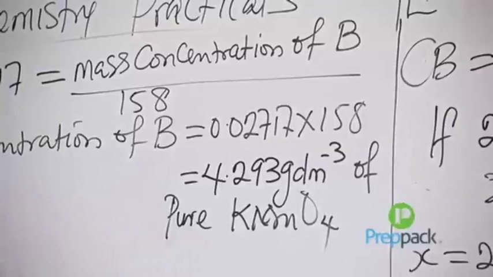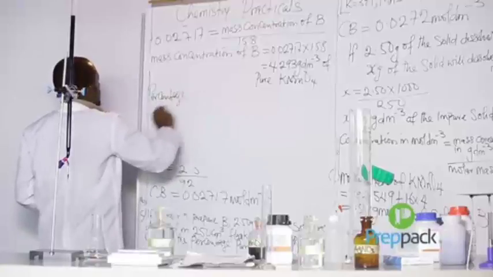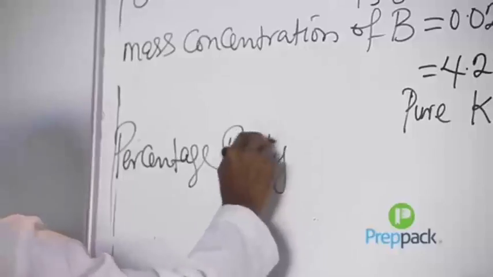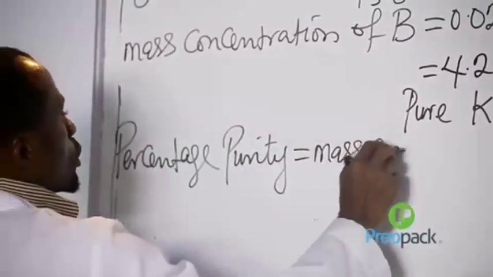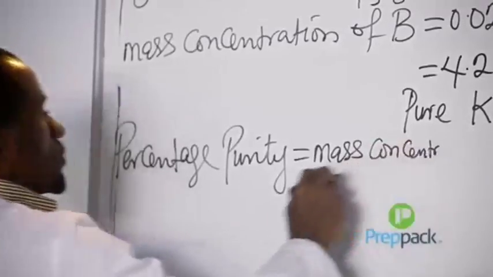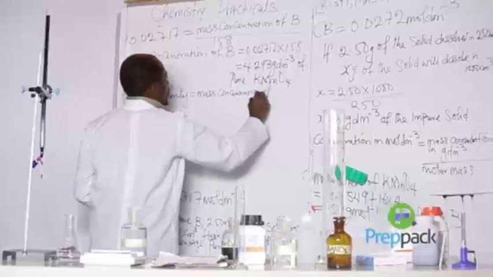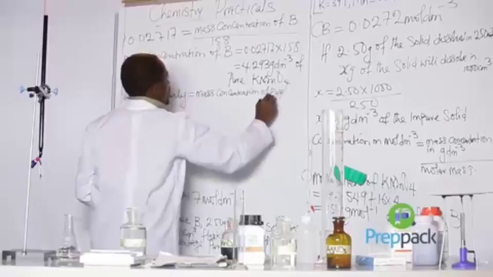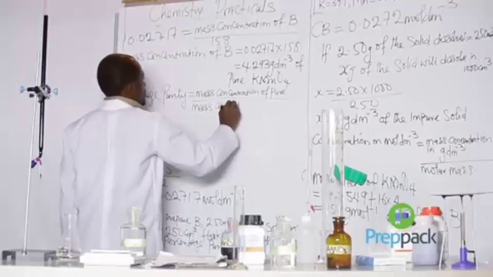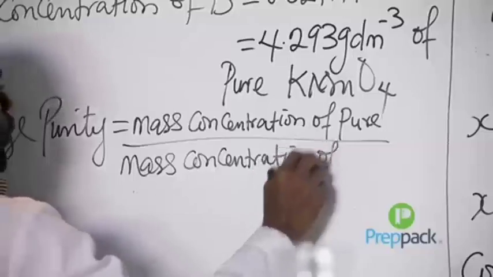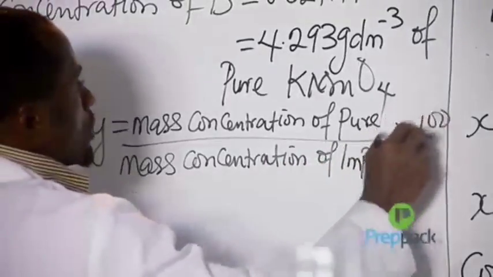So percentage purity is equal to the mass concentration of pure over the mass concentration of impure, times 100 over 1.